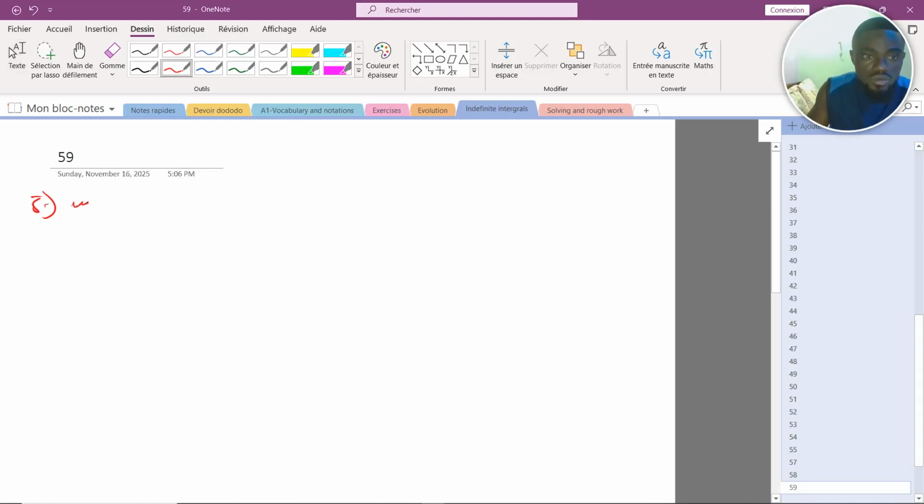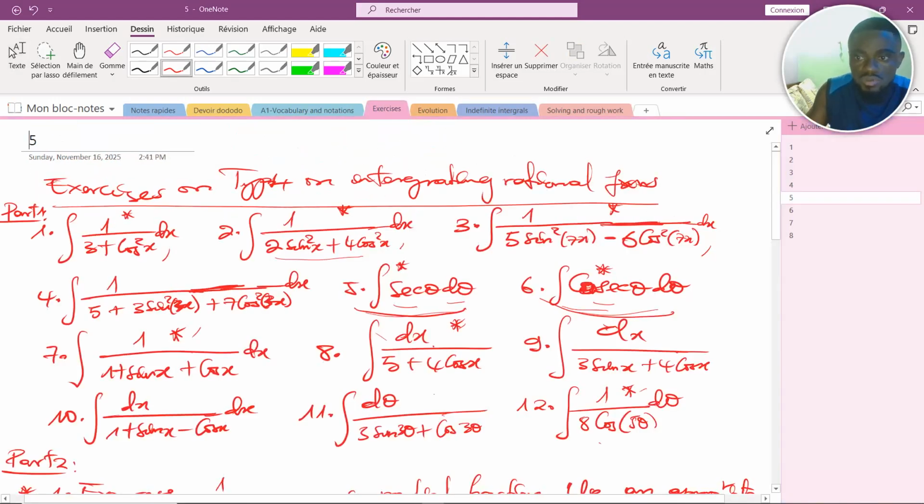So here, using an appropriate substitution, we are going to find the integral of sec theta d theta and prove that it is equal to ln of the absolute value of sec theta plus tan theta, which is still equal to ln of the absolute value of tan, let me see, which is still equal to what?